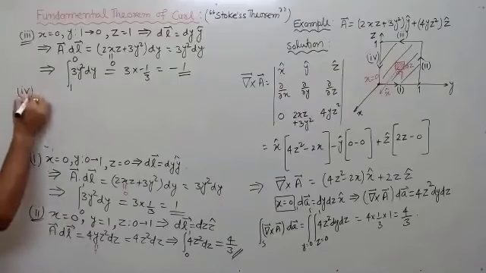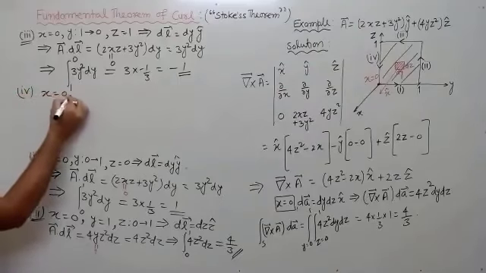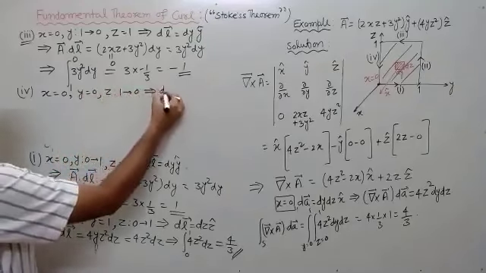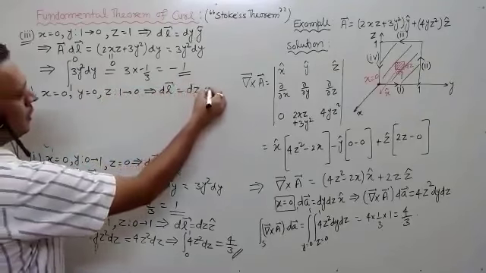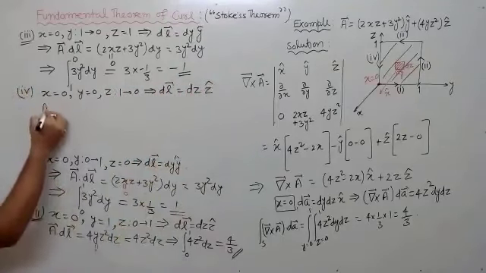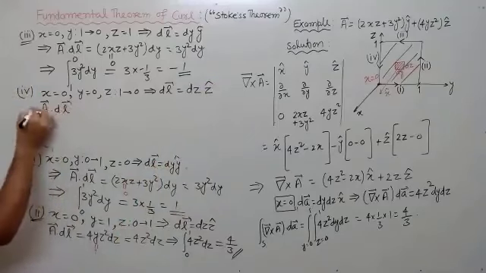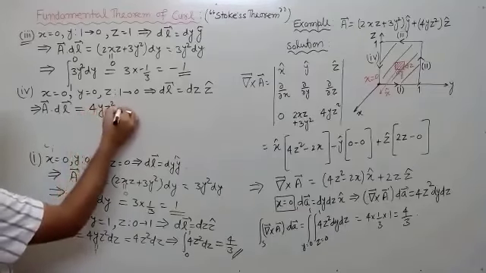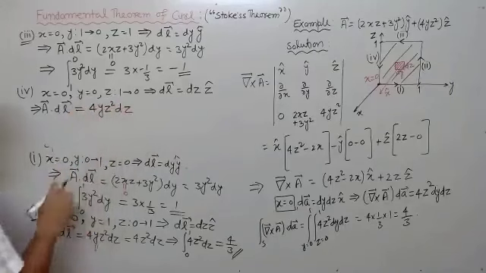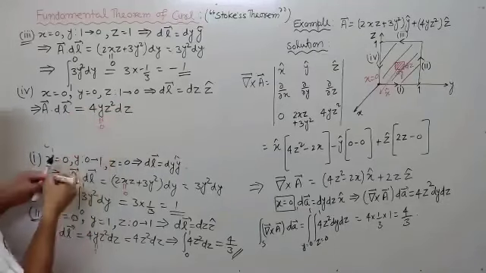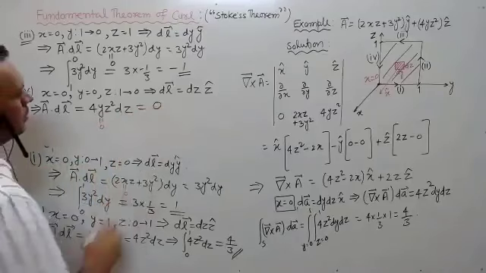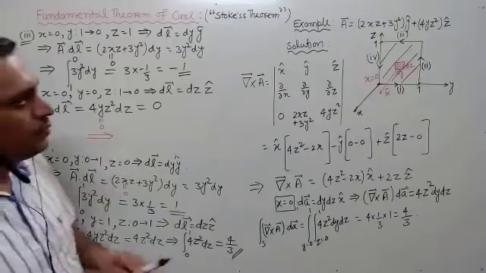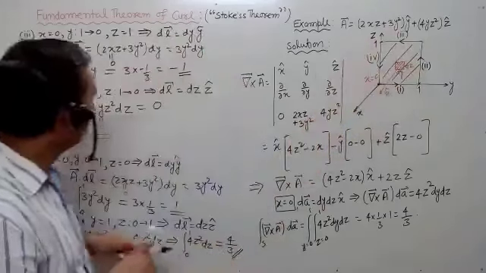And then along segment 4, again x is 0, y is 0, and z varies from 1 to 0. dl is dz z cap. So A dot dl will be 4yz square dz. Now y is 0, so this will be 0. So you know the line integral along the 4 segments, 1, 2, 3 and 4. Then add up.